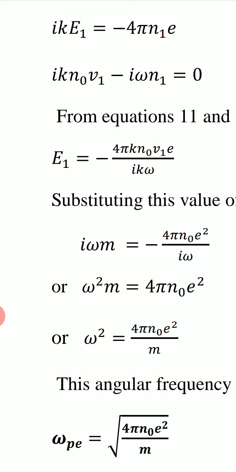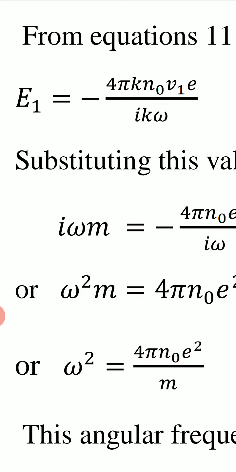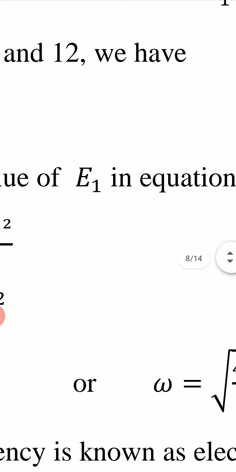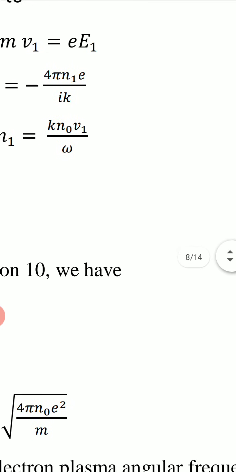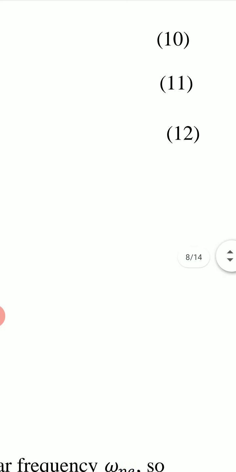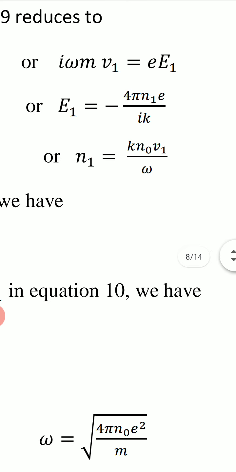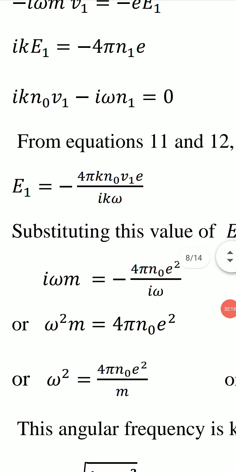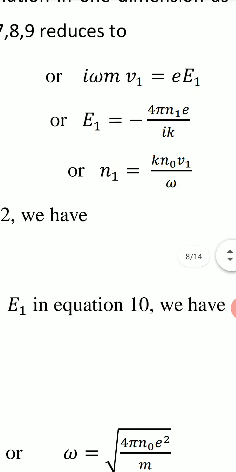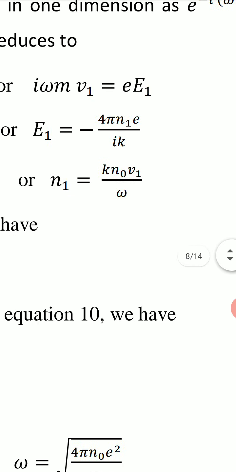Here k is cancelled out in numerator and denominator for E1. From equations 11 and 12 we find the value of E1, that is this, and put this value of E1 in equation 10.